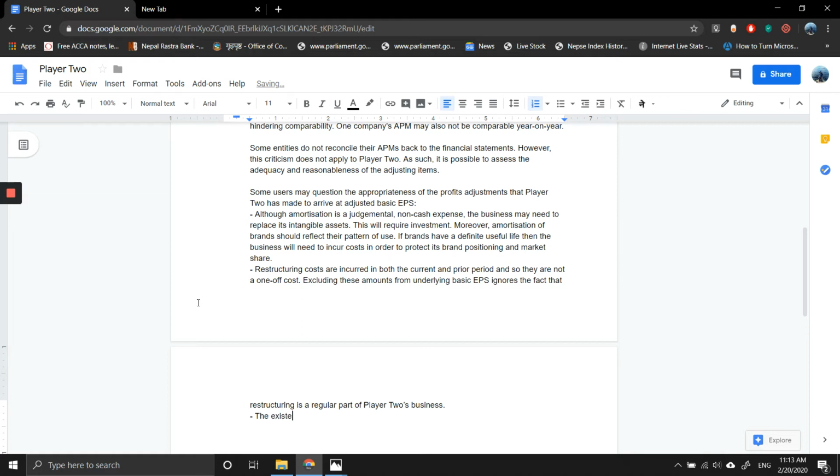The existence of impairment charges suggests that the retail stores have performed poorly and are underutilized.